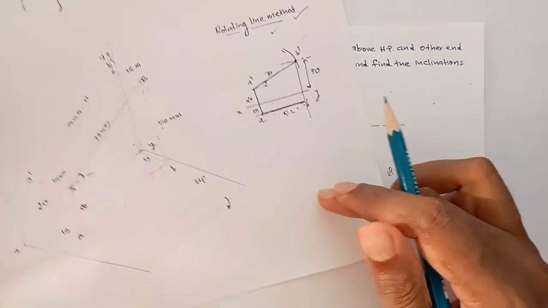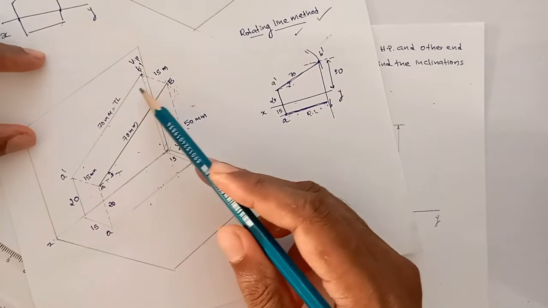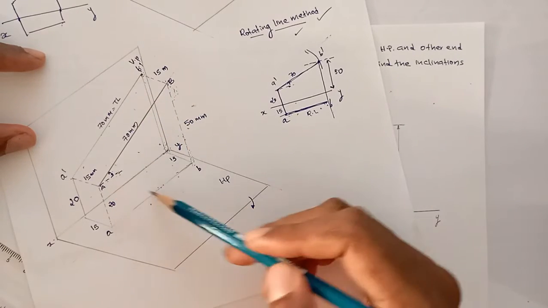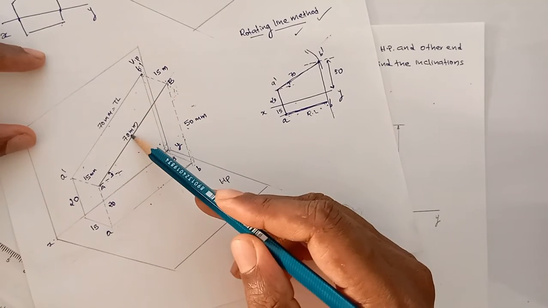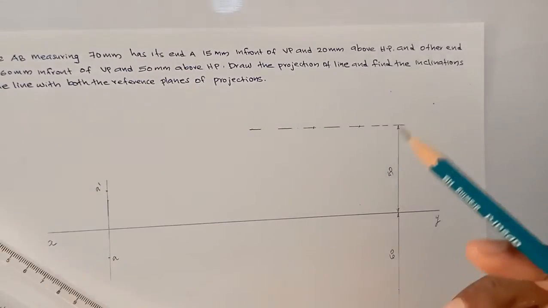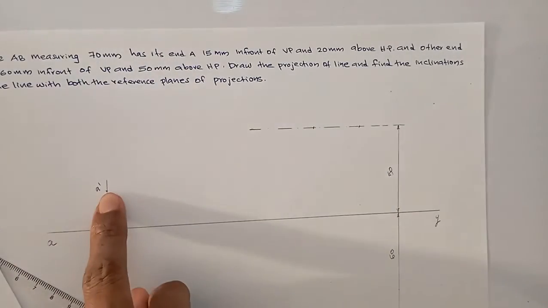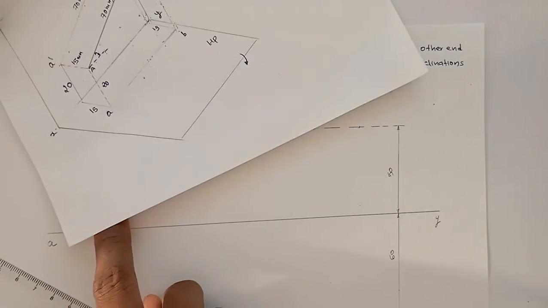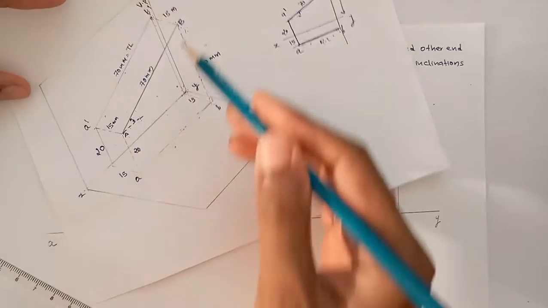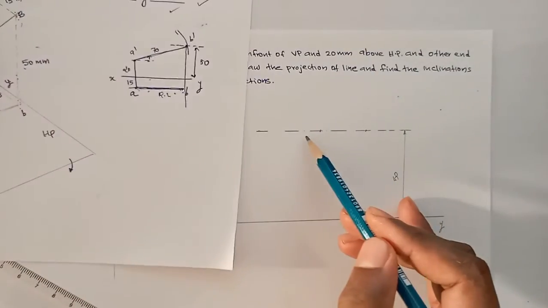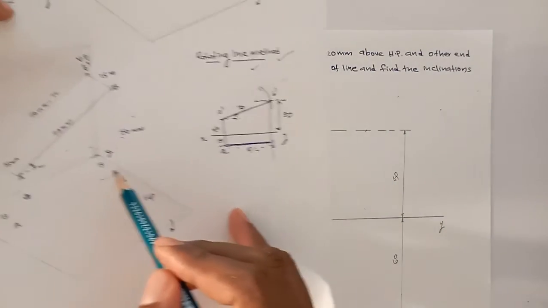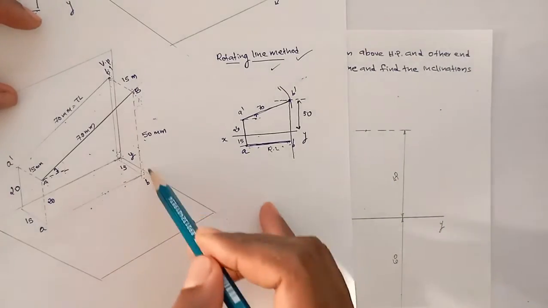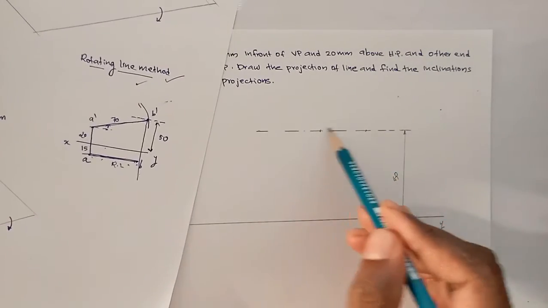You have to make the line parallel to VP, keeping the inclination with HP constant. So now you draw the front view. We already have the position of A here, and we know the position of B. B will be at a height of 50 mm above the XY line, but we don't know the position of B, only the length.